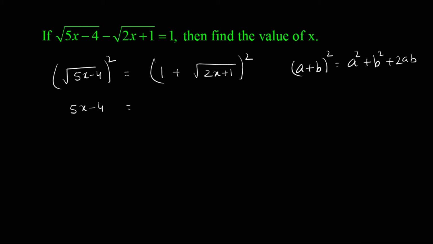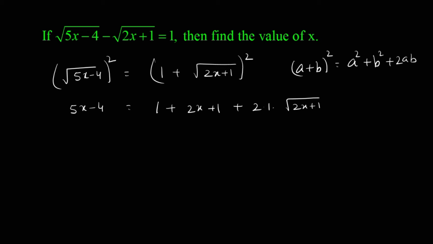So here a squared is 1 squared, which is 1, b squared is 2x + 1, plus 2 into a, 1, into b, which is the square root of (2x + 1).